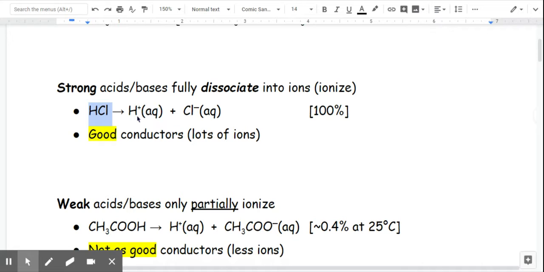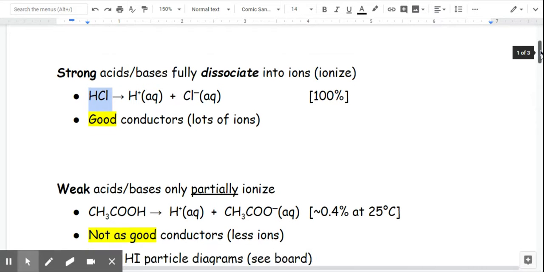It's okay to write it as just H plus and the chloride ions. So it's all ions, which means, hey, that should support electricity really well. And that's why they're good conductors of electricity, because there's lots of ions. That's an example of an acid, but it's also true for a strong base. Lots of ions because it 100% ionizes.